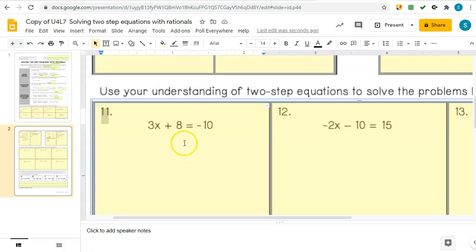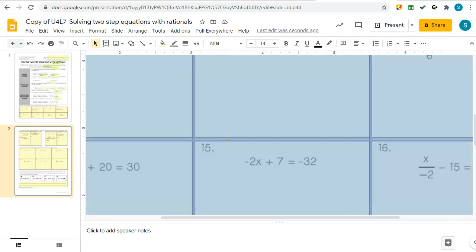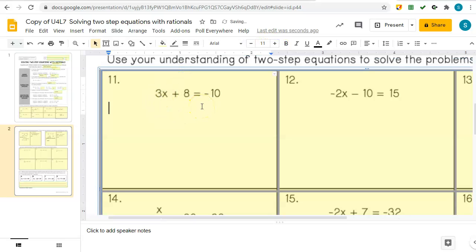Okay, we're going to continue in 3, 2, 1. First thing I want to do is I'm going to change the size of these. Hopefully this will already be changed in yours because I'm changing it ahead of time. But I think that 11-point font works a little bit easier. Fits everything in. So we're trying to get rid of that plus 8. So we're going to subtract 8 from both sides.